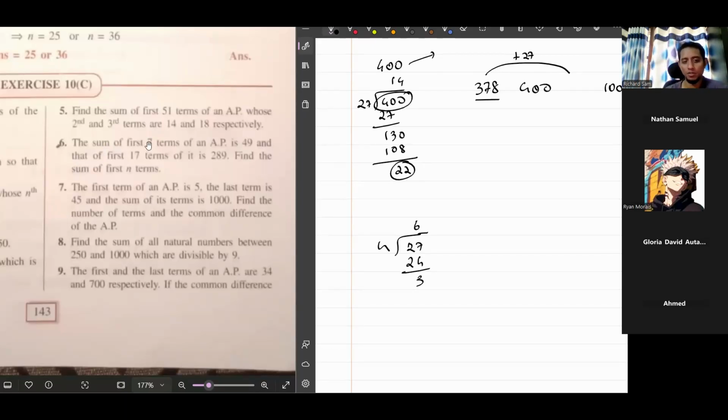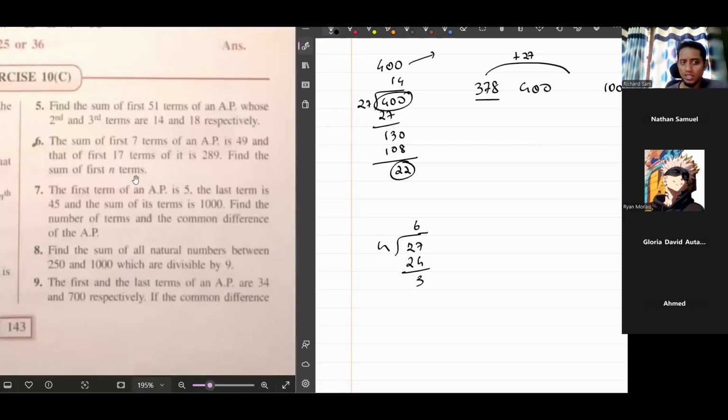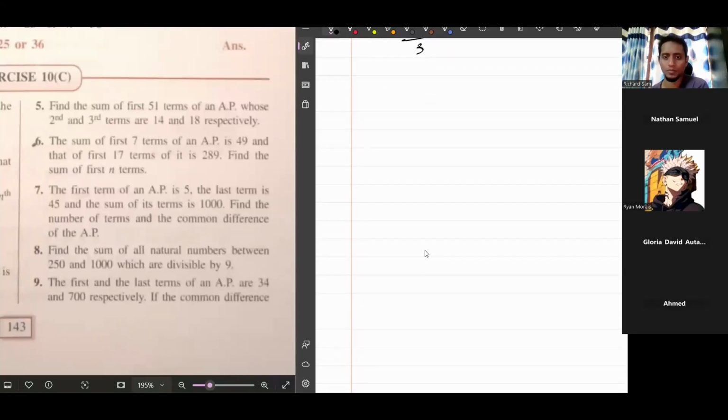Sum of first 7 terms is 49. That means S of 7 is 49. So how do we write this as an equation? Use the sum formula.